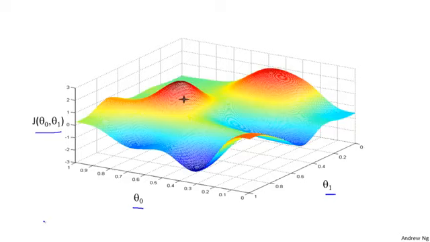In gradient descent, what we're going to do is spin 360 degrees around, look all around us and ask, if I were to take a little baby step in some direction, and I want to go downhill as quickly as possible, what direction do I take that little baby step in? If I sort of want to physically walk down this hill as rapidly as possible? Turns out that if you're standing at that point on the hill and you look all around, you find that the best direction to take a little step downhill is roughly that direction.